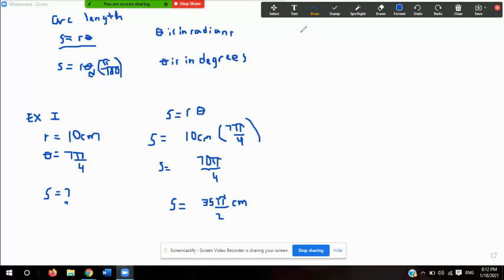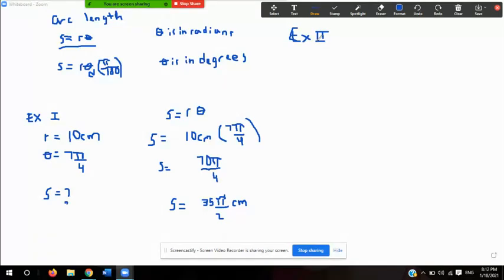And then in the next example, number 2, we are going to use this formula again. Let me read the problem to you guys.